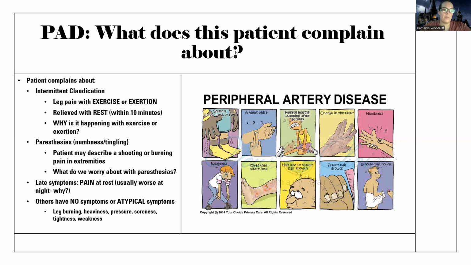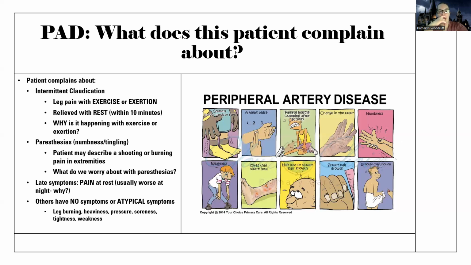Some other symptoms, as it gets worse, is they're going to have pain at rest. Just like with coronary artery disease and angina, it's getting worse if they're feeling the pain at rest, because as time goes on, it's getting so narrow that it doesn't matter if you're exercising or not. It's so narrow, there is no room for flow.